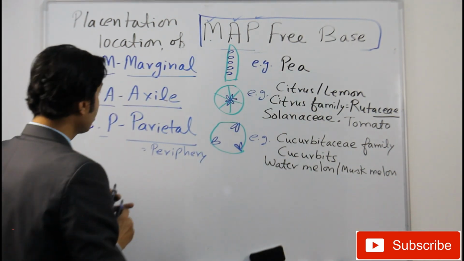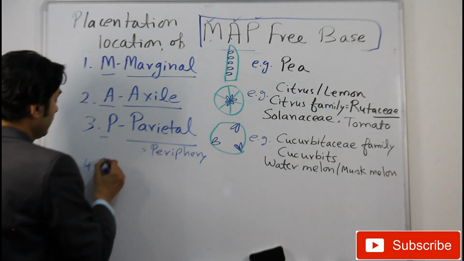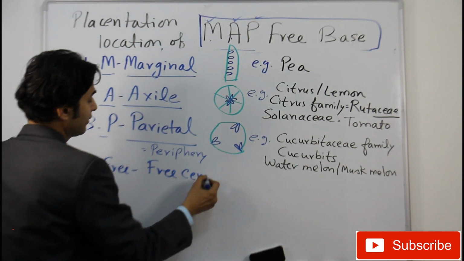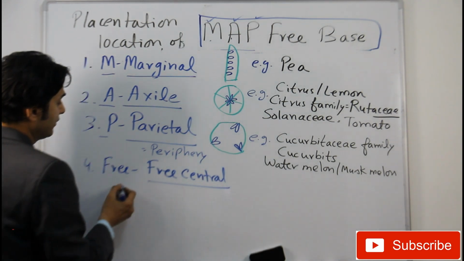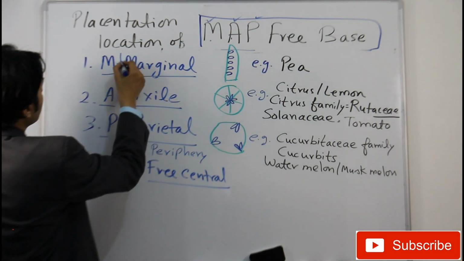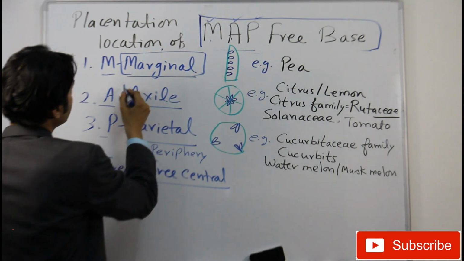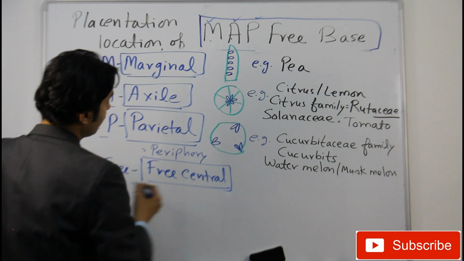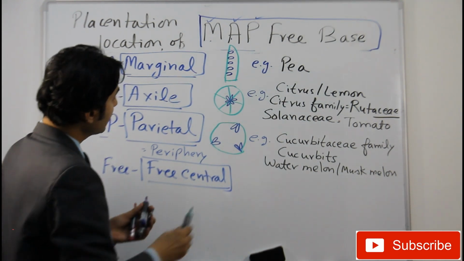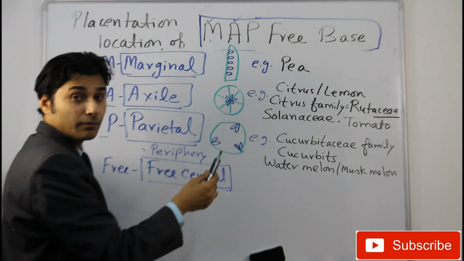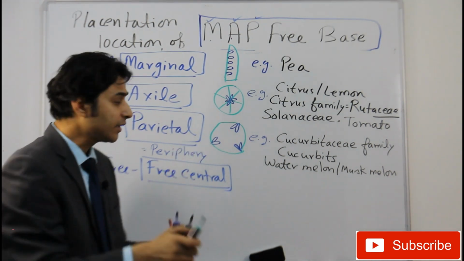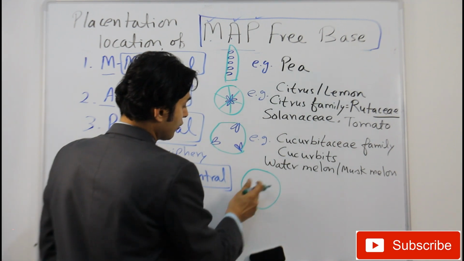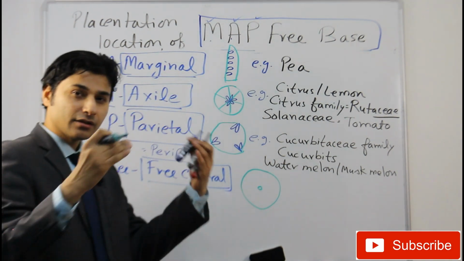Okay, then number 4 is free. Free means free central. So I will just put in the box: marginal, axial, parietal, free central. Free central is like something like this, axial, but in axial you have a central place. Here it has a central structure but without these fusion lines.